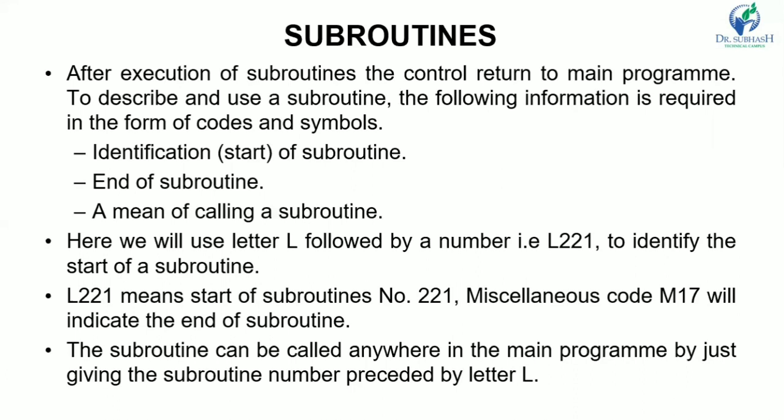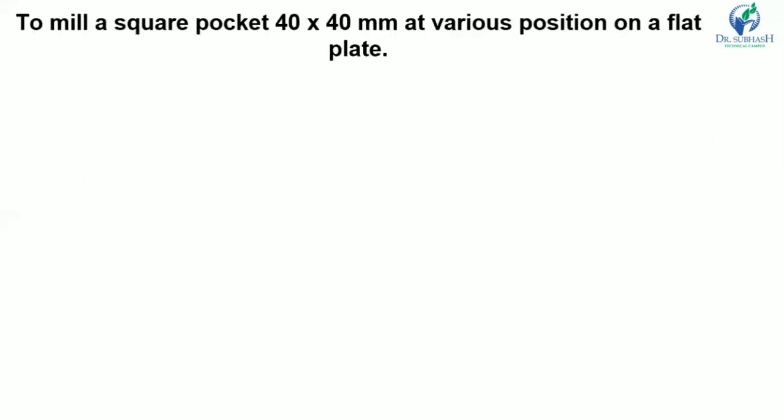The subroutine can be called anywhere in the main program by just giving the subroutine number preceded by the letter L. Now let us understand subroutines with one example: to mill a square pocket of 40 by 40 mm at various positions on a flat plate.